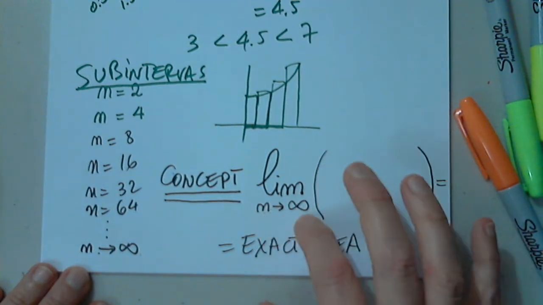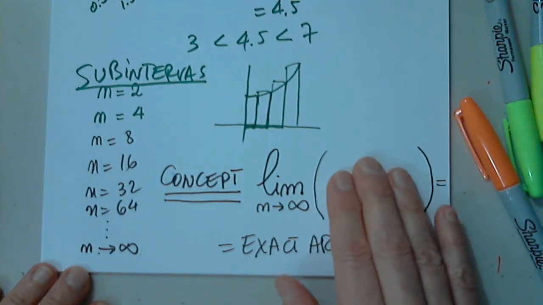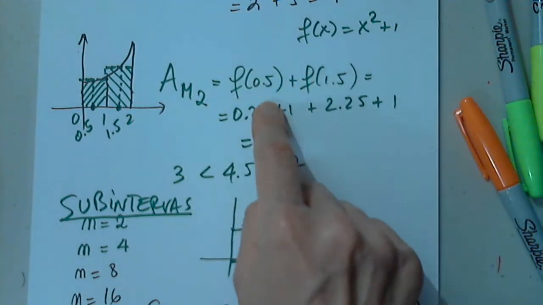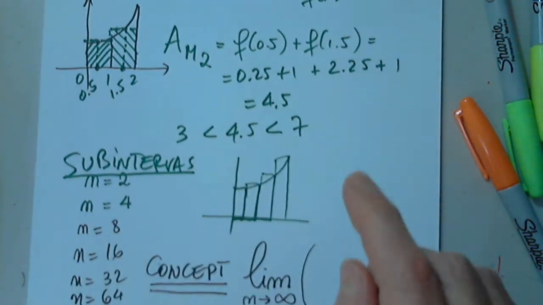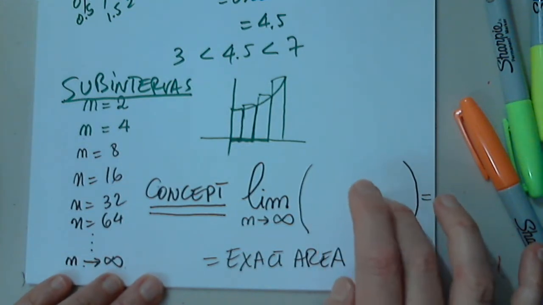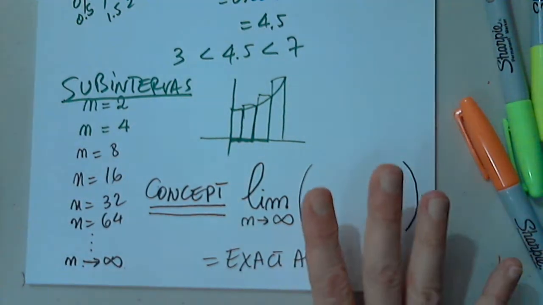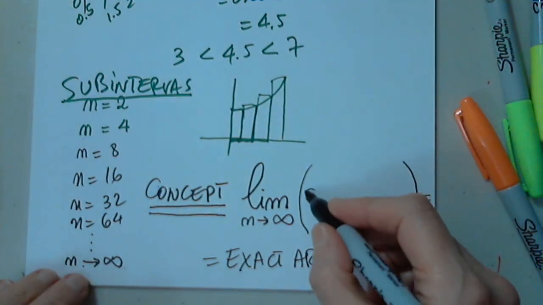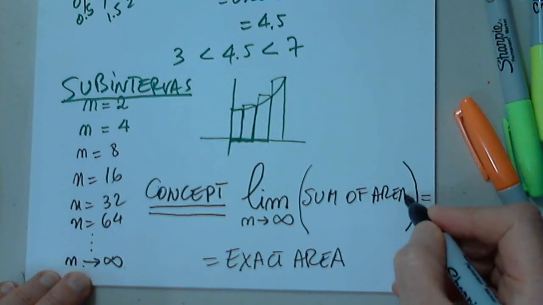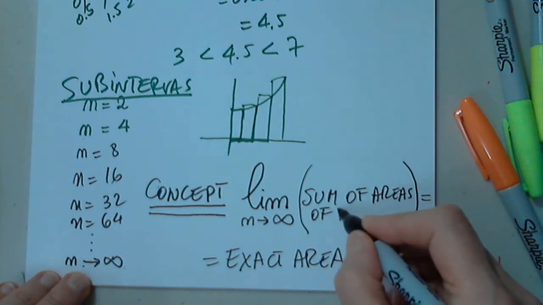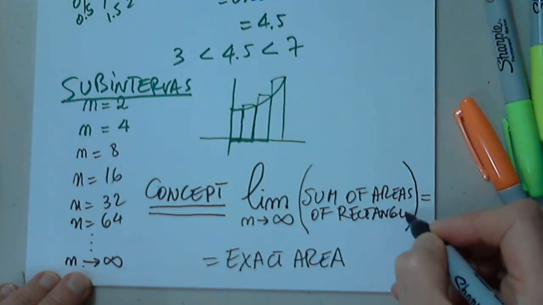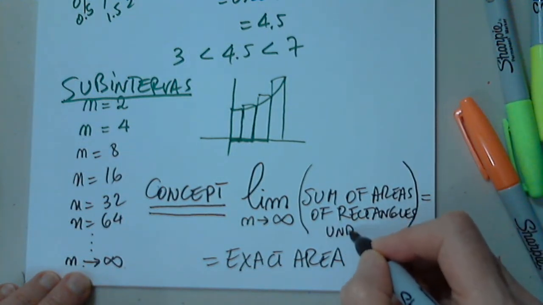So it's the limit of what? Of base times height plus base times height plus base times height plus base times height. So I'm going to write it like this. Sum of areas of rectangles under the graph.